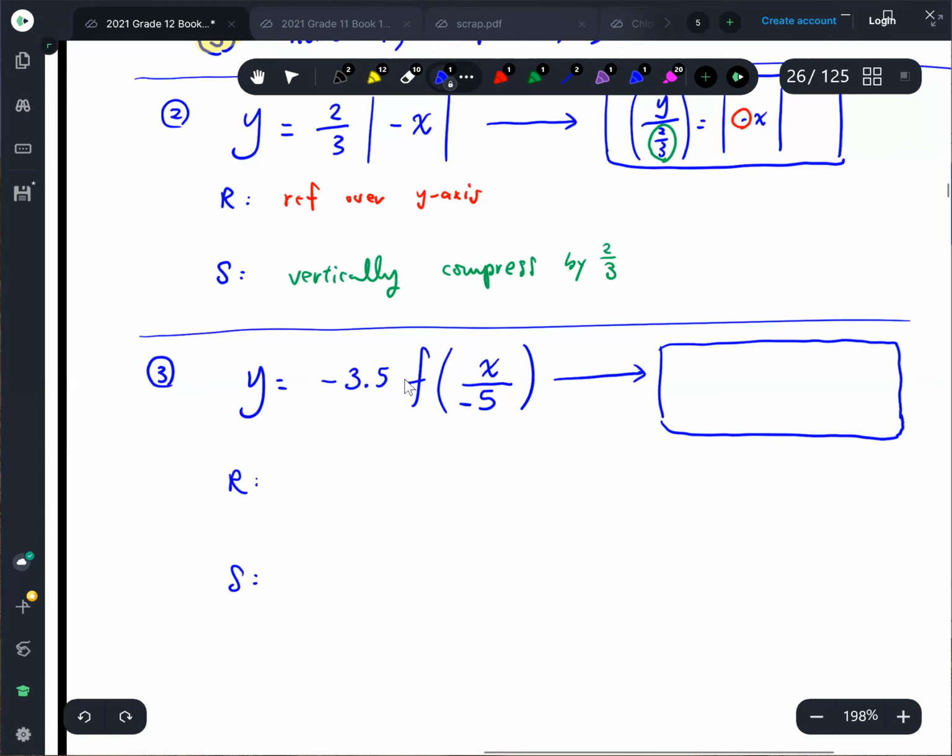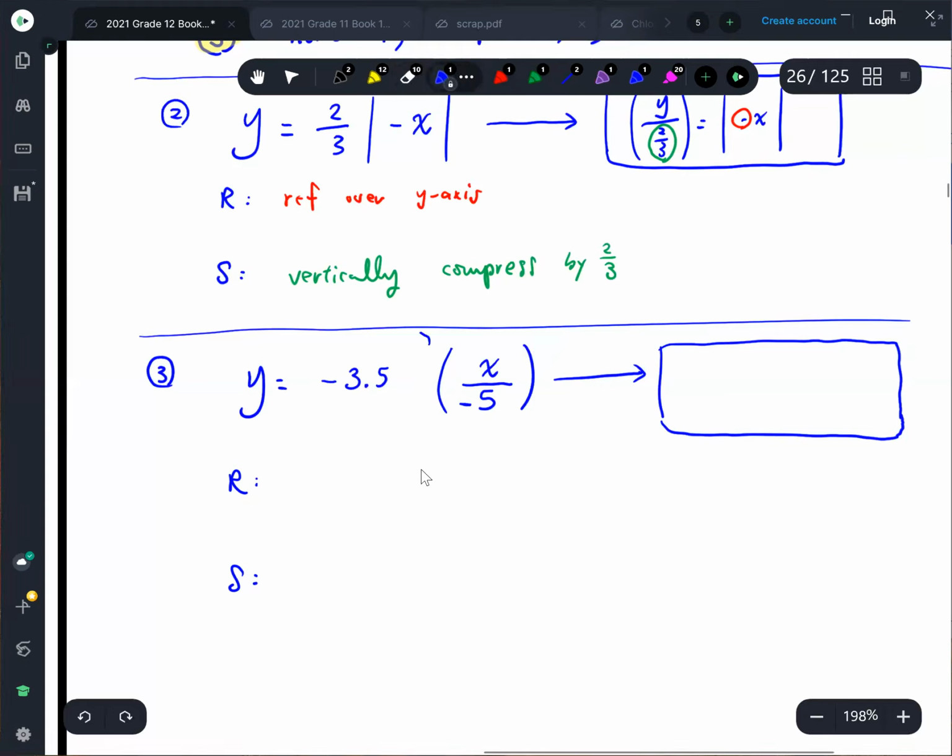The F, right? F is just saying it's a function in general, okay? So the F, you can think of it, it could be absolute value, or it could be square root, or it could be square, it could be cube. It's just saying that it's in general, any function.